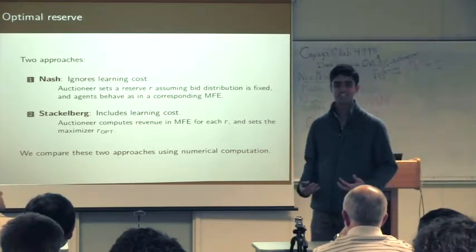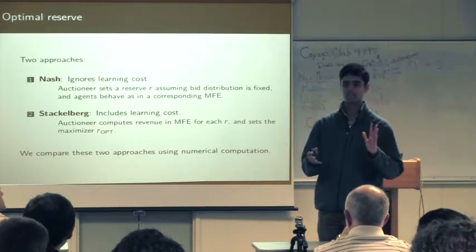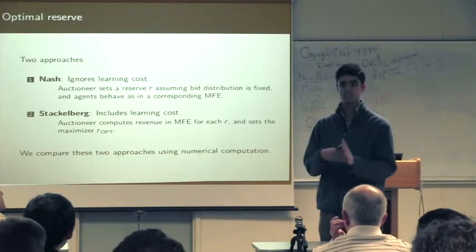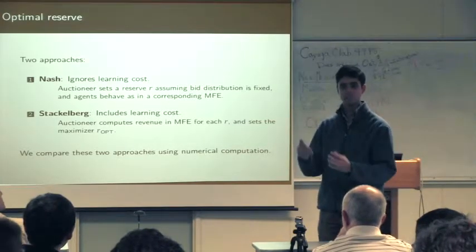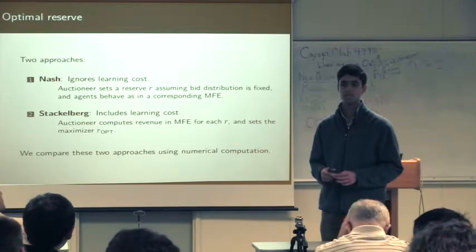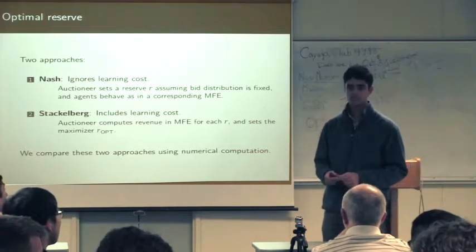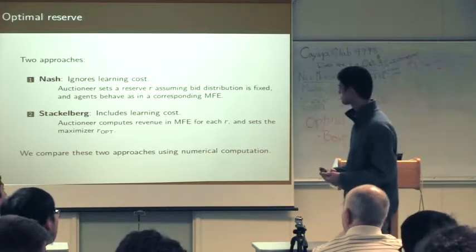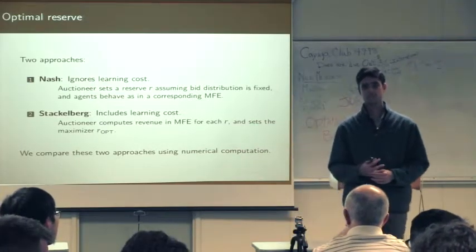I don't have a great answer to this, but if you run a numerical computation, like an iterative procedure, starting from different initial values, you converge to the same equilibrium. So there is reason to believe there might be uniqueness. Experimentally, there was uniqueness, at least for the range of parameters and the distributions that I looked at.